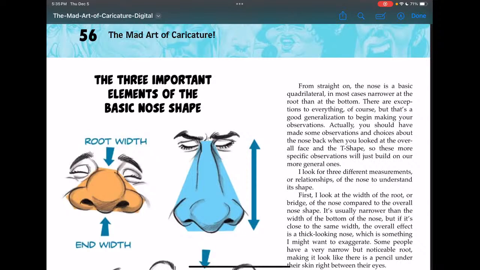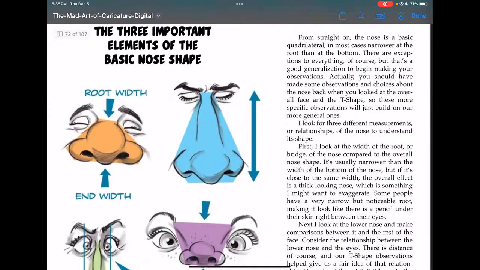Actually, you should have made some observations and choices about the nose back when you looked at the overall face and the T-shape. So these more specific observations will just build on our more general ones. I look for 3 different measurements or relationships of the nose. First, I look at the width of the root or bridge.